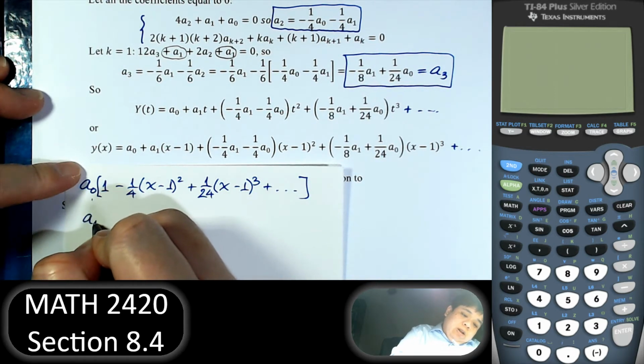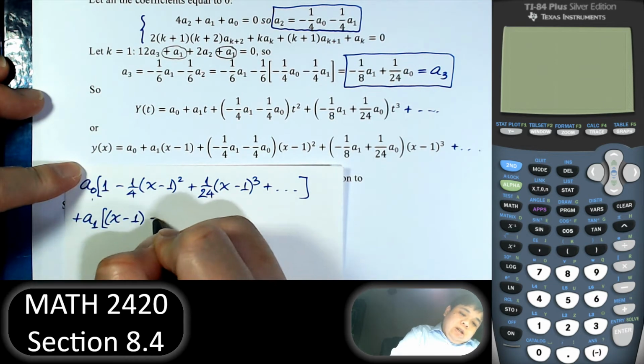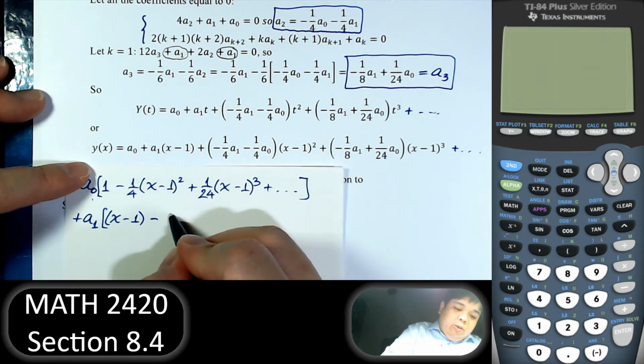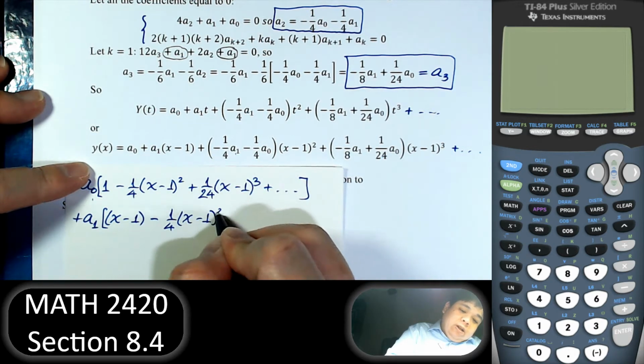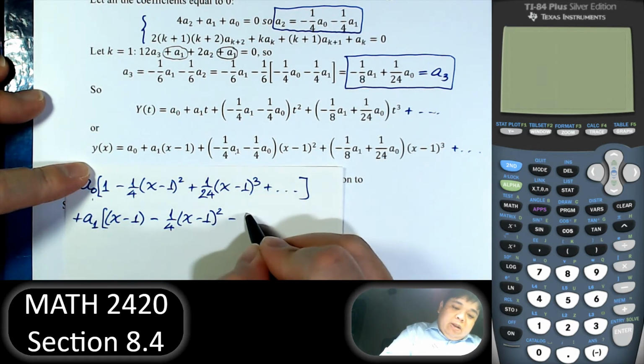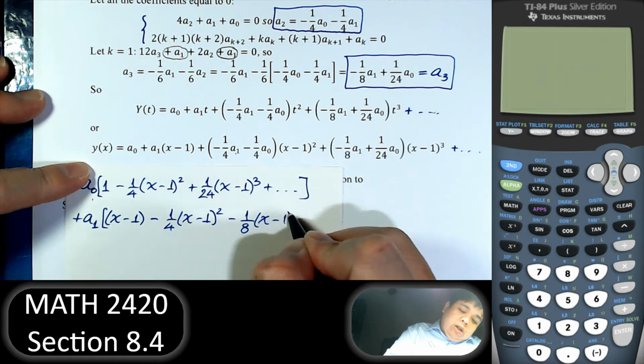And then a1, our first term is x minus 1. The next term is negative 1/4. Factor out a1, we have x minus 1 squared and negative 1 over 8. Factor out a1, x minus 1 cubed.